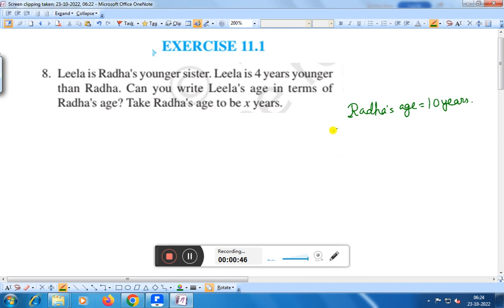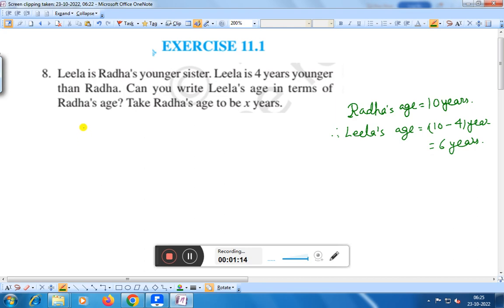Therefore, Leela's age will be 10 minus 4, that is 6 years. But we have to express it in terms of x, right?